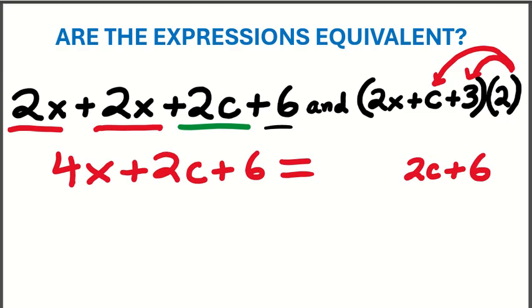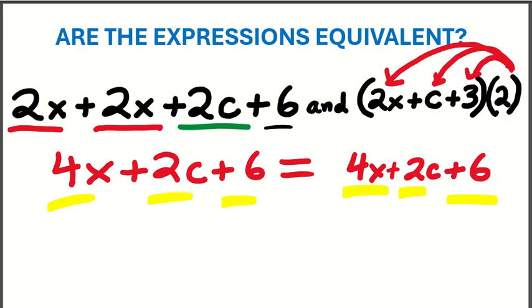Oh, we're getting good. And then 2 times 2x is going to be 4x. And I'm just dropping down the signs that we saw before. So are these expressions equivalent? 4x plus 2c plus 6. 4x plus 2c plus 6. Yes, they're equivalent. Yay, there's a happy guy.